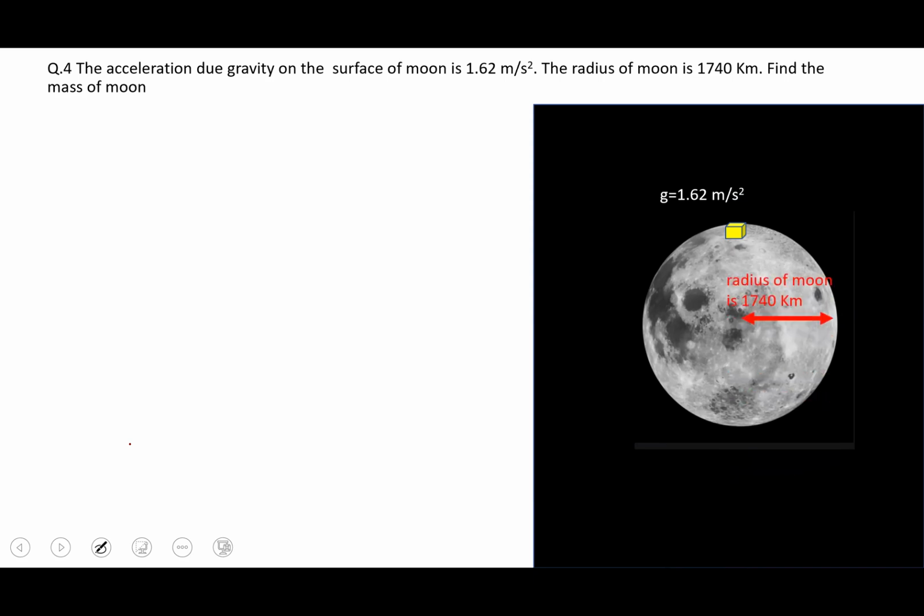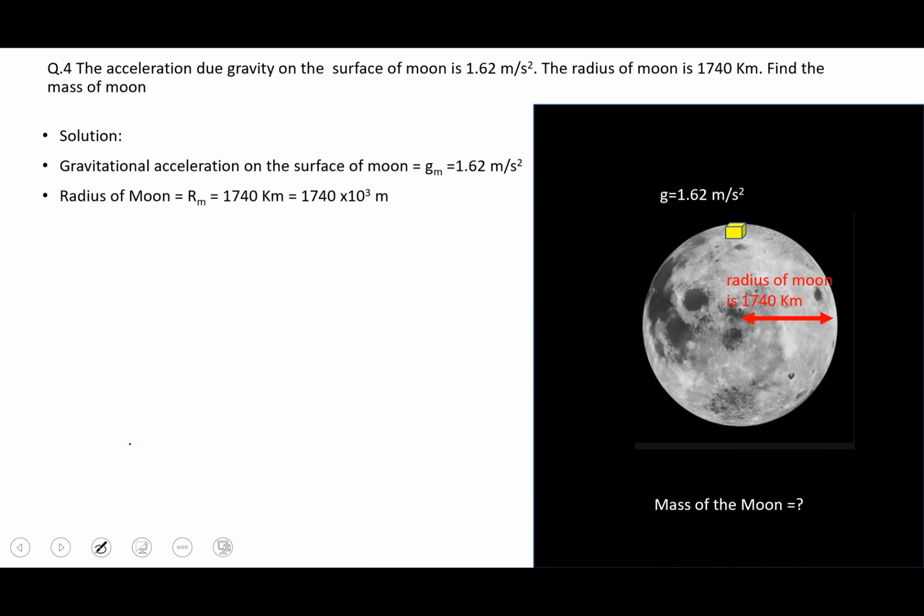The radius of the moon is given to us as 1740 kilometers, and we have to find the mass of the moon. We have the solution. The gravitational acceleration is given to us, which is 1.62 meter per second square. The radius of the moon is 1740 kilometers, which is equal to 1740 into 10 to the power 3 meters.